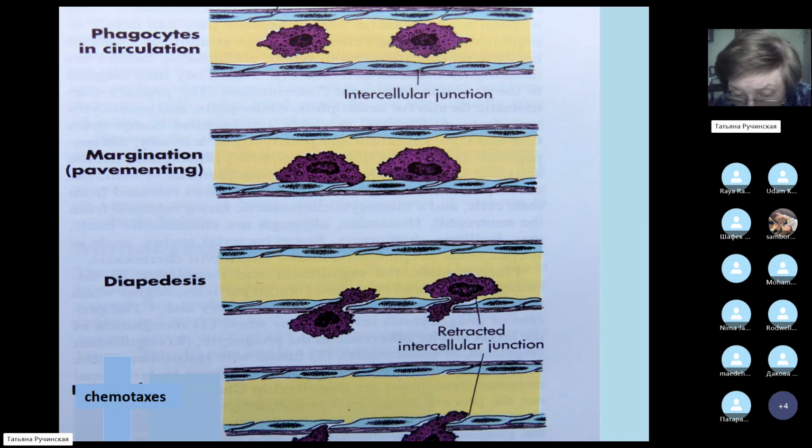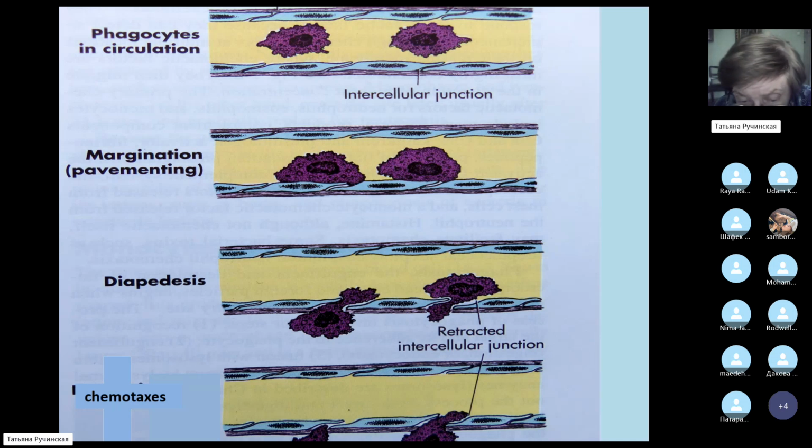And you see here, they show you that the neutrophil cannot damage endothelial cells. It comes through the gaps between endothelial cells. And you know, neutrophil has a lot of granules. That is why in some of the granules there is proteinase.